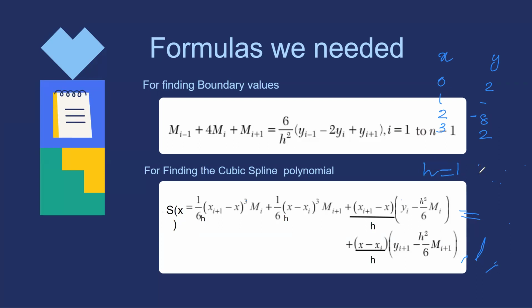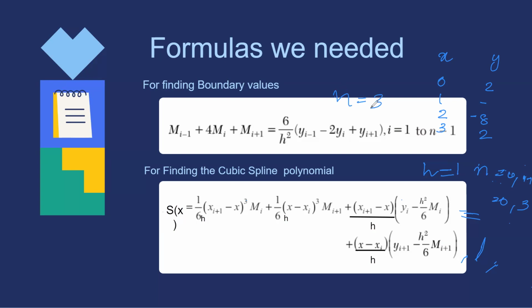And we need the n value. We have 4 points, and n starts from 0, so it varies from 0 to 3. So n is equal to 3.